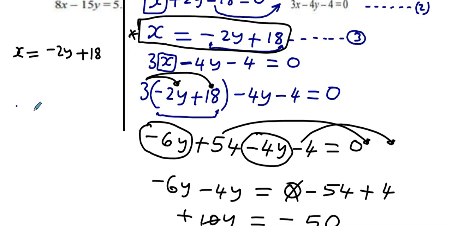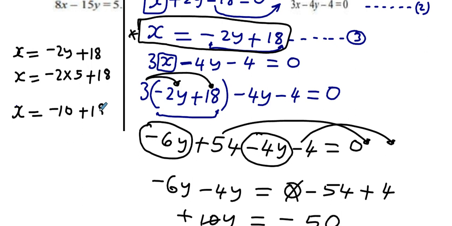So here I'll be writing x equals to negative 2y. Y is 5, so negative 2y means negative 2 times 5 plus 18. This will be x equals to negative 10 plus 18. Now x will be equal to negative 10 plus 18. This will be positive 8.